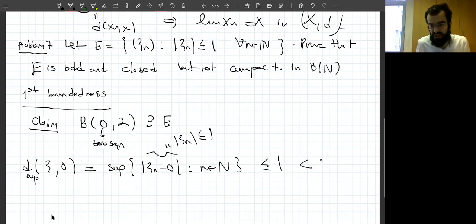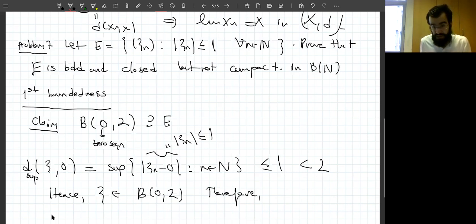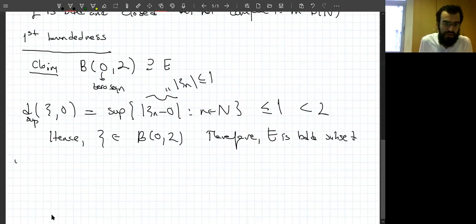So this is clearly less than 2, hence psi belongs to this ball. Therefore, E is a bounded subset of our space, the set of bounded sequences. Closed, second.